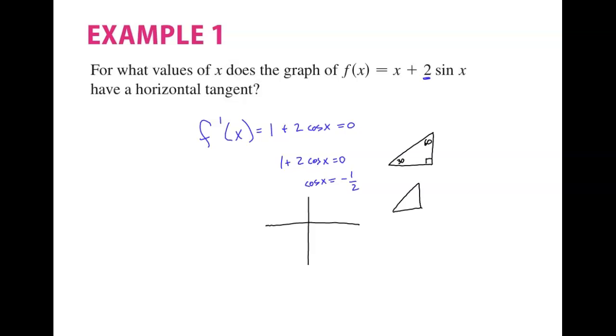So remember what the ratios are. In a 45, 45, 90, we have 1, 1, rad 2. In a 30, 60, 90, we have 1, 2, rad 3. Which one of those could possibly produce a ratio of 1/2?